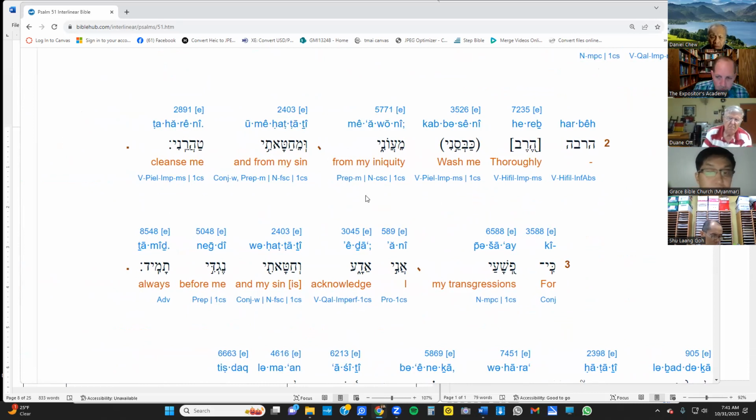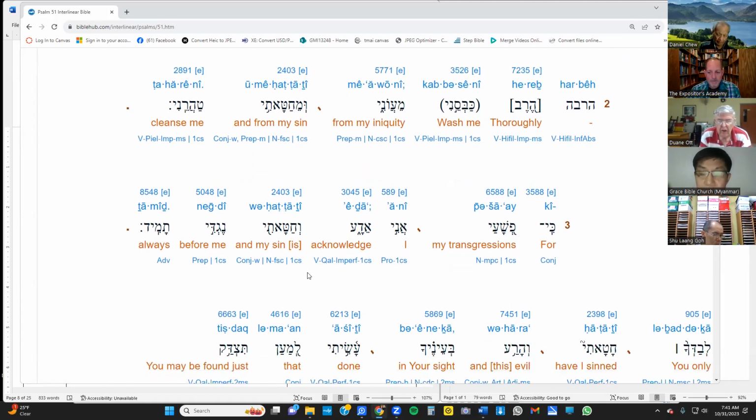So I use this tool quite a bit, actually. It's a good help, especially if you don't speak or remember Hebrew. It's a helpful tool since it shows us the word order and it gives us access to the word studies and such.